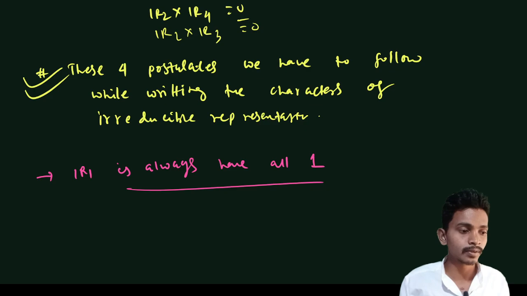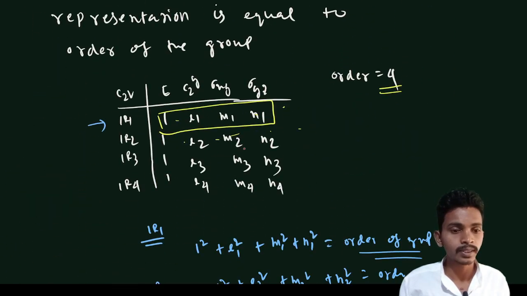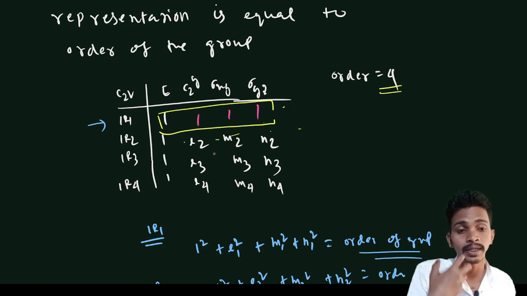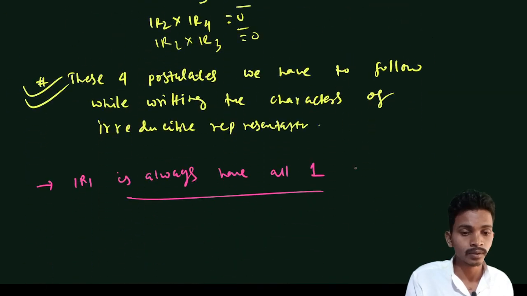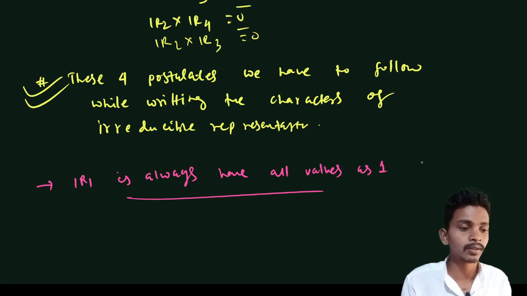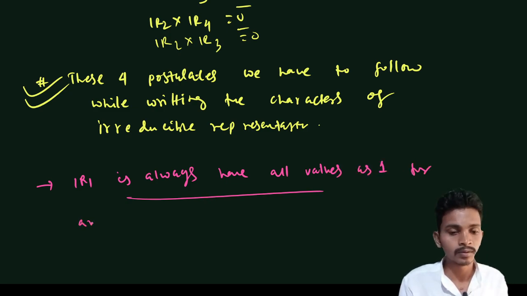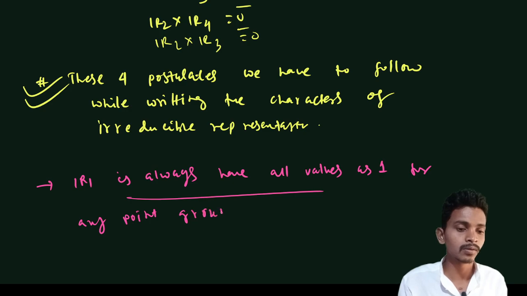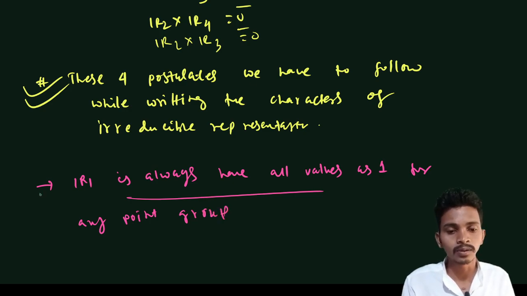This representation always has 1 1 1 for any group. IR1 always has all values as 1 for any point group. So this one also we have to note.